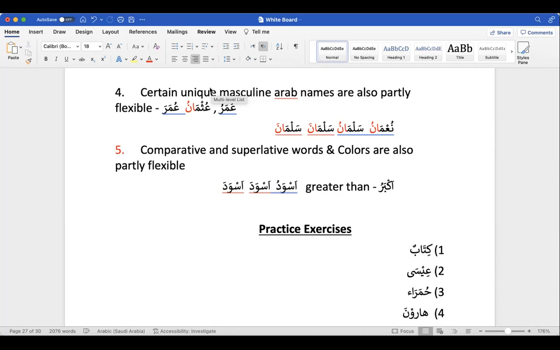For example, take Pharaoh. Pharaoh is not a prophet, he's an evil man. If you relate the story of the Pharaoh, he's not an Arab; he's from Egypt, correct? A non-Arab name, so it's partly flexible. From the Quranic perspective, you will come to know which name is mentioned, for example Maryam, peace be upon her.